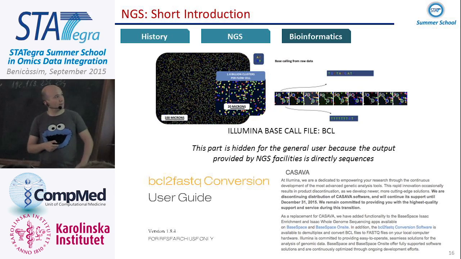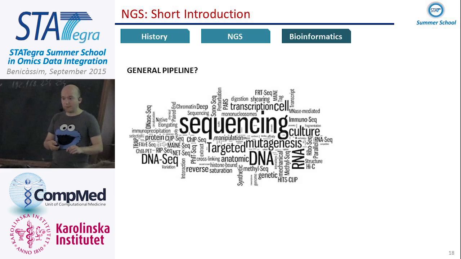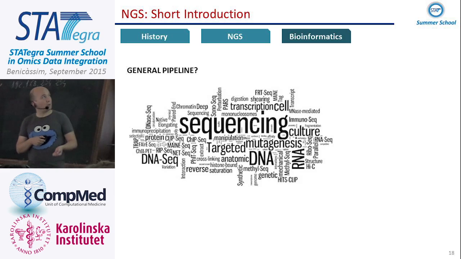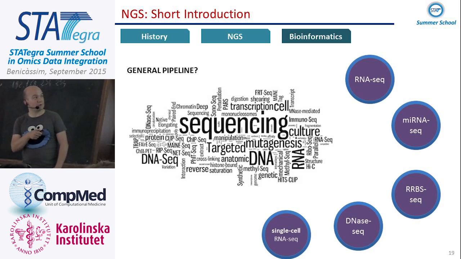So after that, what I was saying is that now we have a sequence, right? What do we do with the sequence? It will depend on which data types we are using. One thing is what a general pipeline is.